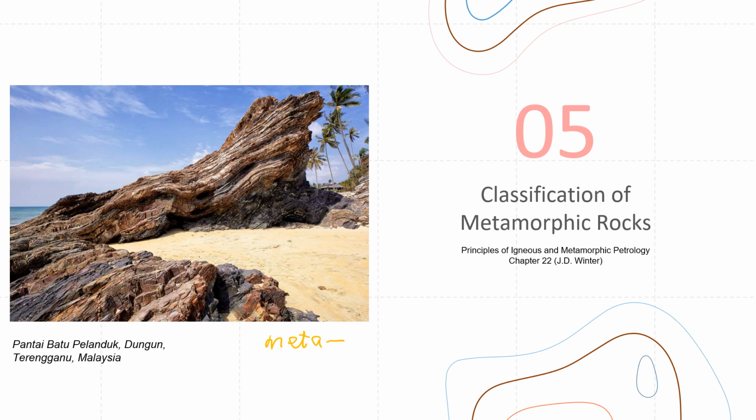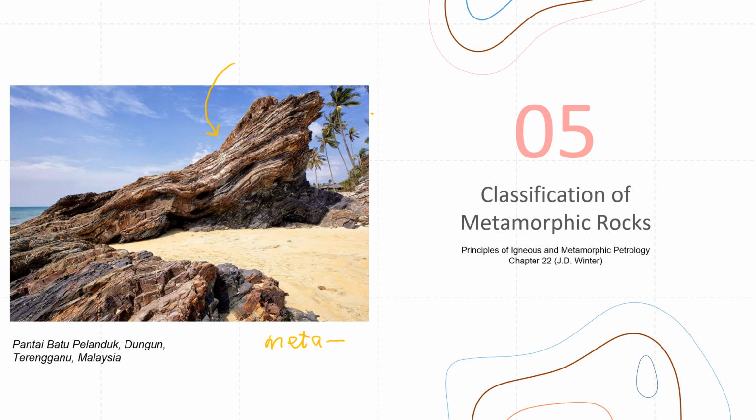So this particular photo that I've used for the cover of this slide is an example of slightly metamorphosed sedimentary rock here in my hometown of Terengganu, Malaysia. You can see here it very much looks like sedimentary layers of sandstone and siltstone and some mudstone, but actually all of these rocks here have been metamorphosed.